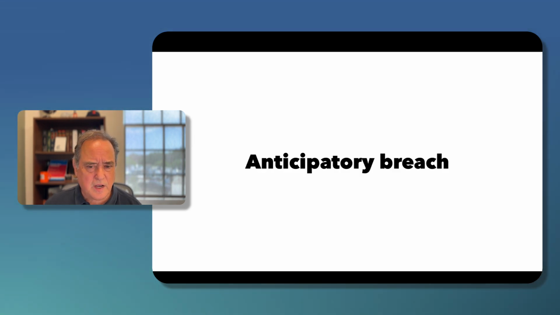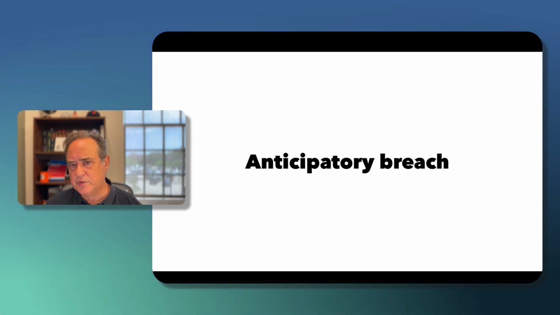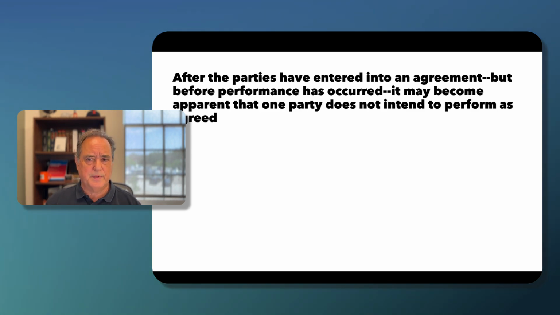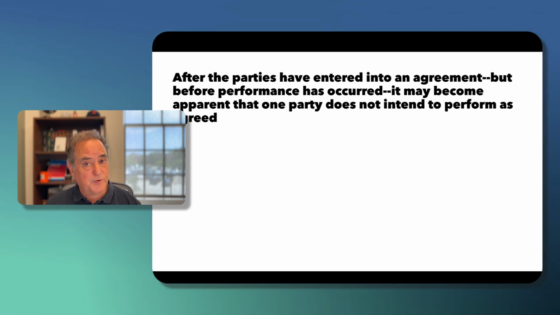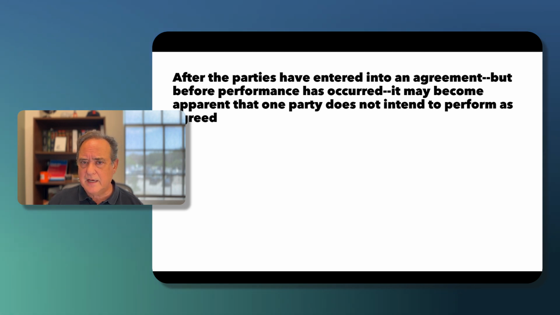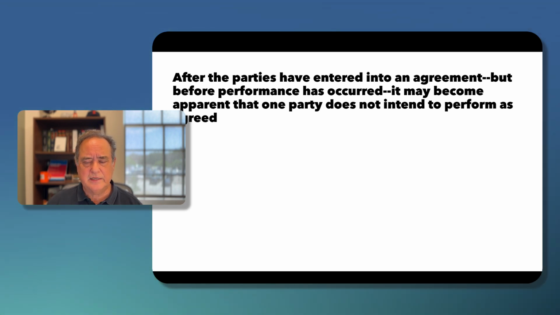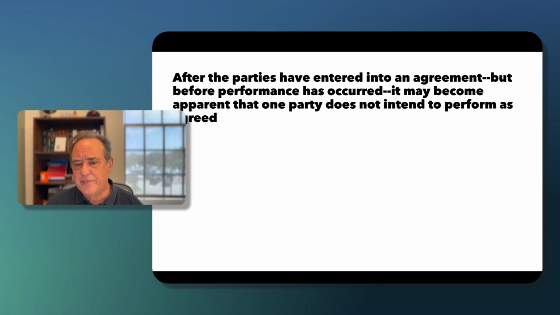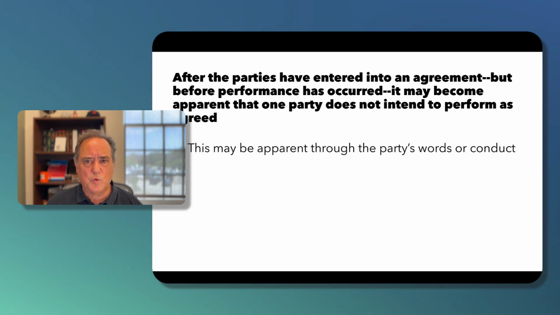Now, there's also a concept called anticipatory breach. After the parties have entered into agreement, but before performance has occurred, it may be apparent that one party does not intend to perform as they agreed. Now, this could be through the party's words or through conduct.